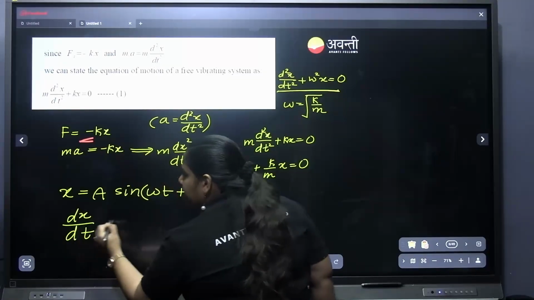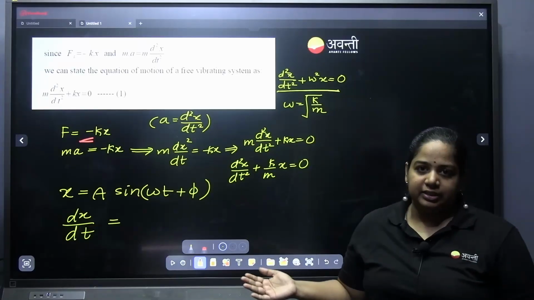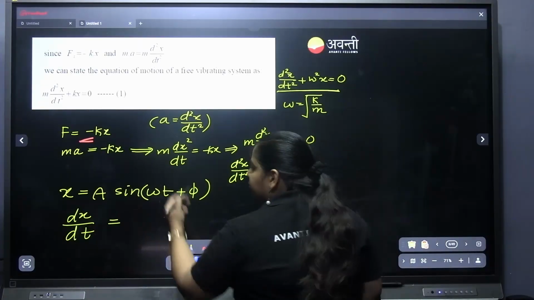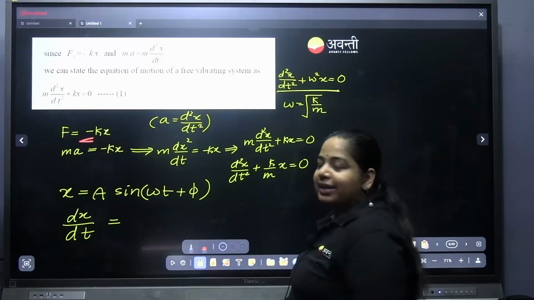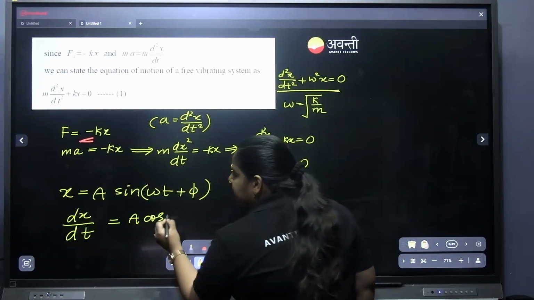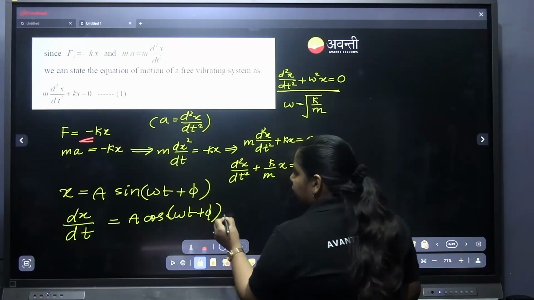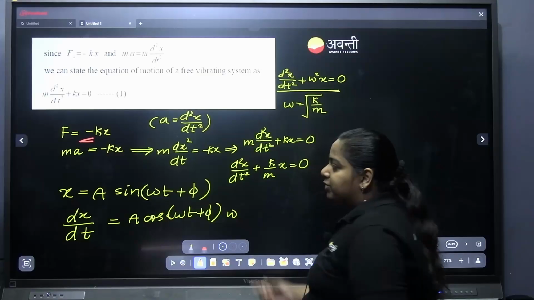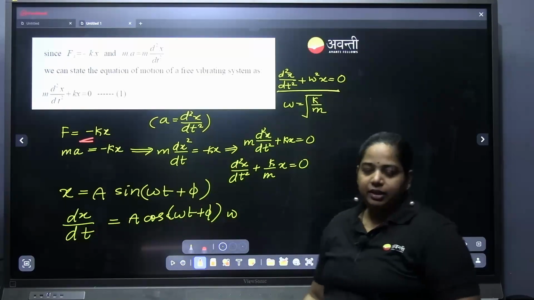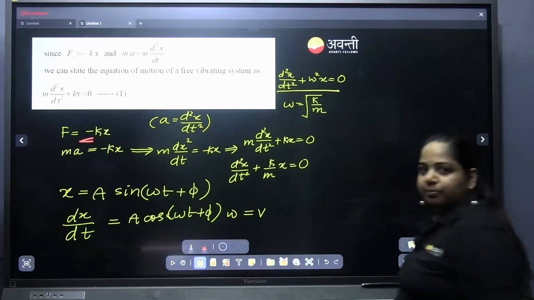We have to differentiate this. Upon differentiation, you will get a cos omega t plus phi into omega. This is dx by dt, and this is our velocity v.